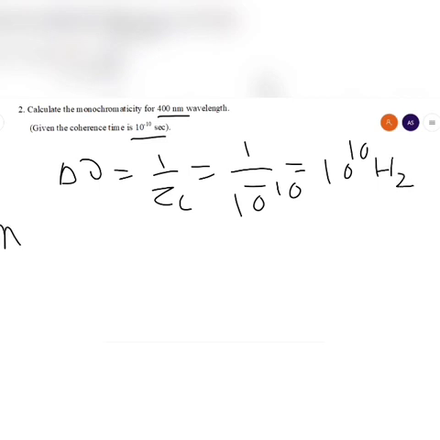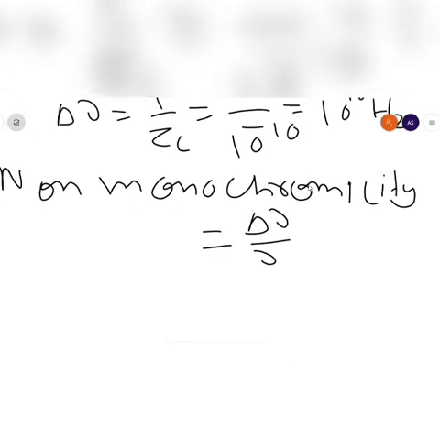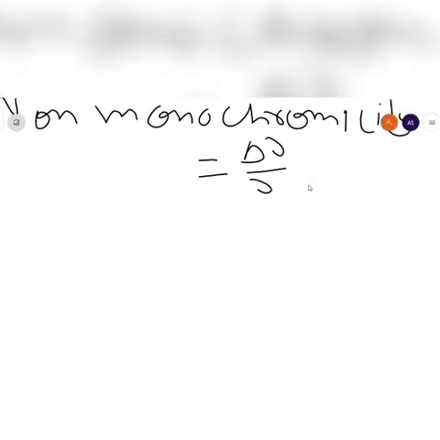You know the non-monochromaticity is equal to delta mu upon mu, and the monochromaticity is just the inverse of the non-monochromaticity. It means that the inverse, mu upon delta mu, is known as monochromaticity.